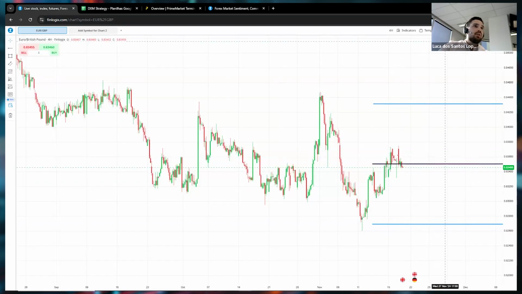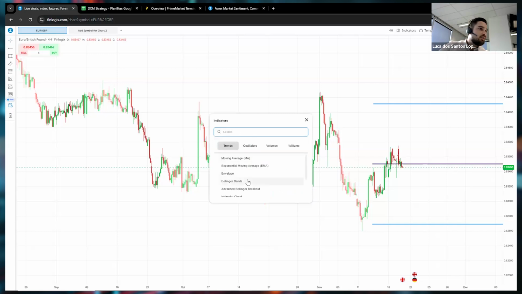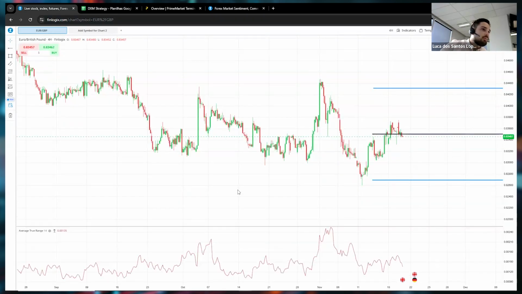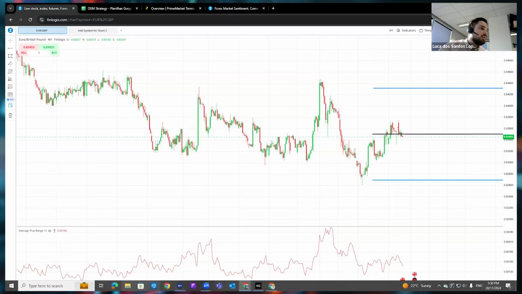Now, if we go and add the average true range, we can see it's on the 14. That's pretty much good. Have a look at those little numbers here. On the 13th, that was 144, around 150 to 144.